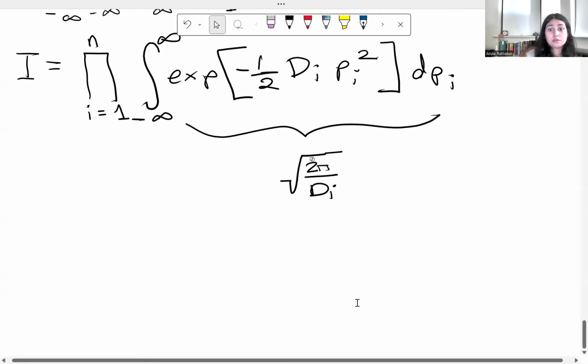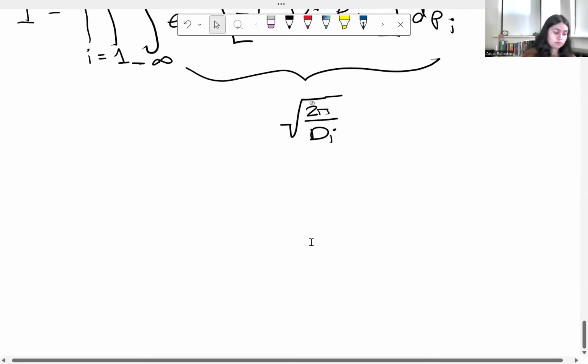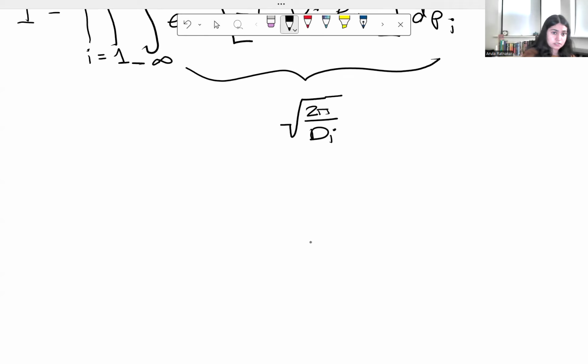So it's going to be a product of a bunch of these square roots of 2 pi over di.